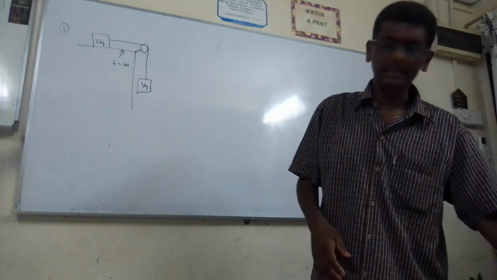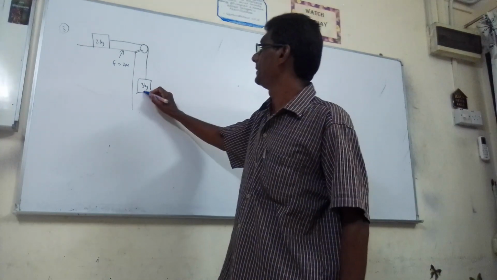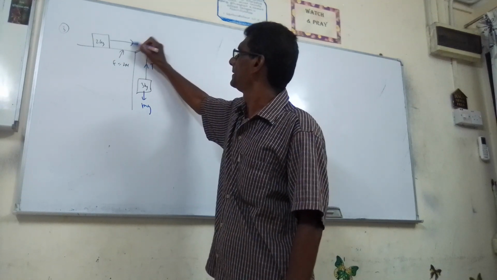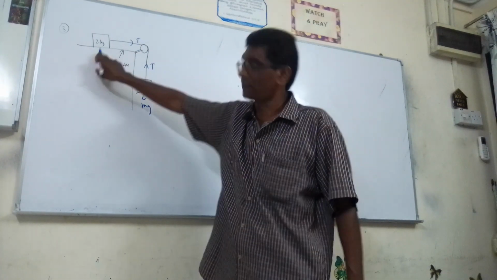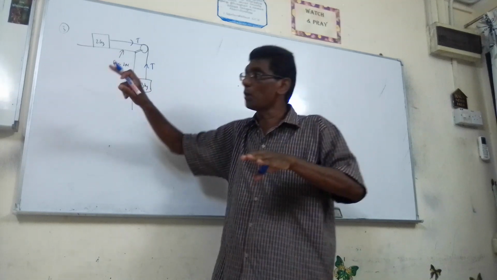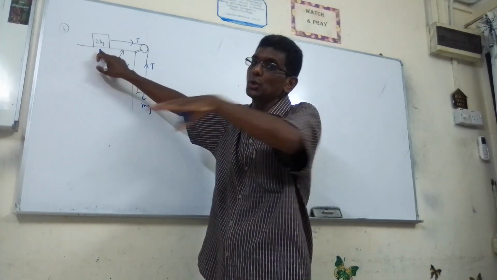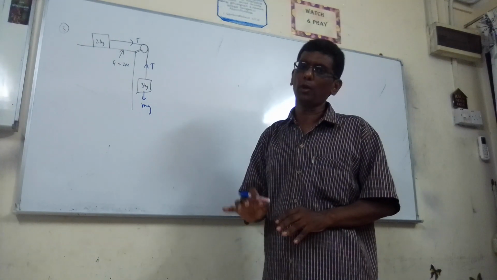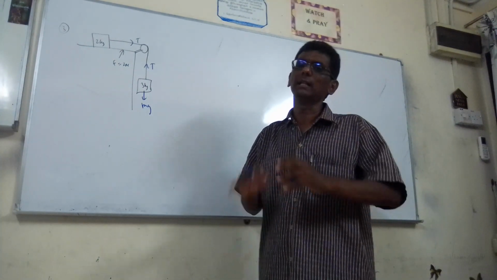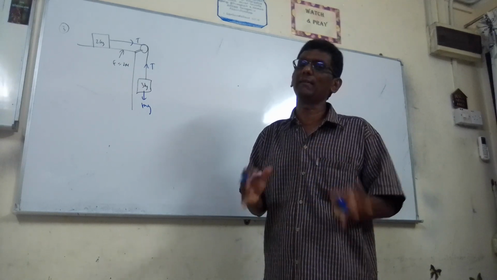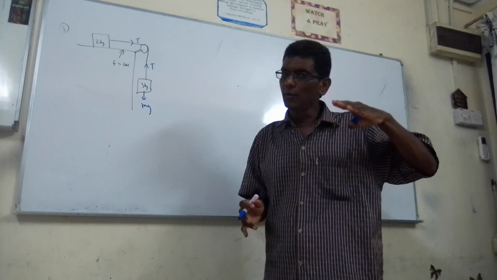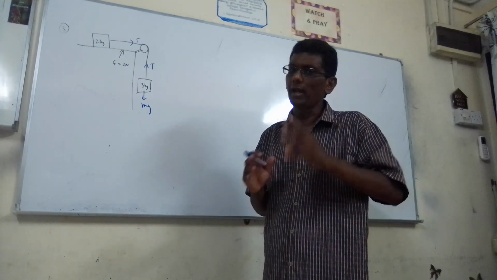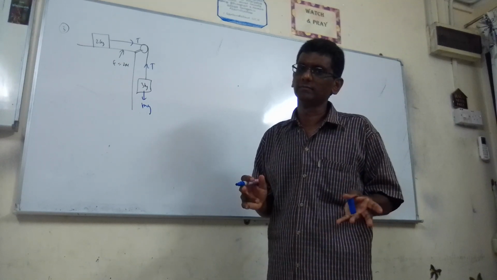This is mg and this is T, and there's no mg for this object, because it is going to move horizontally. For any object moving vertically, upwards or downwards, gravity takes effect. For any object moving horizontally, the g or weight doesn't take effect.